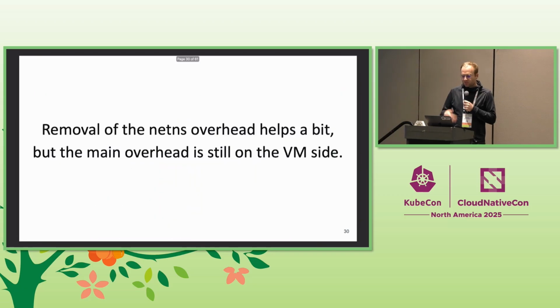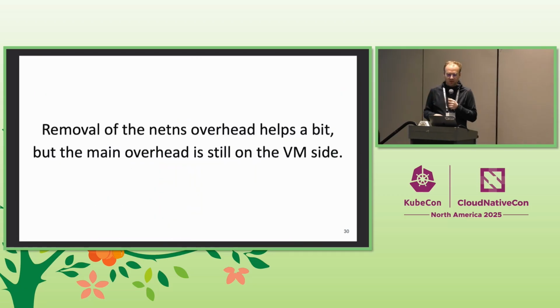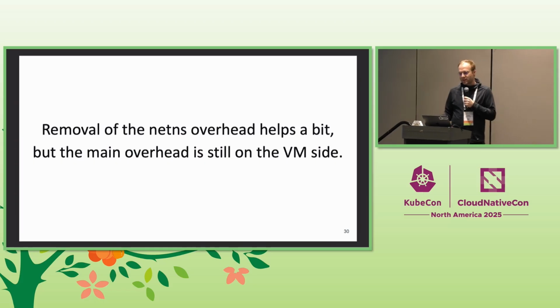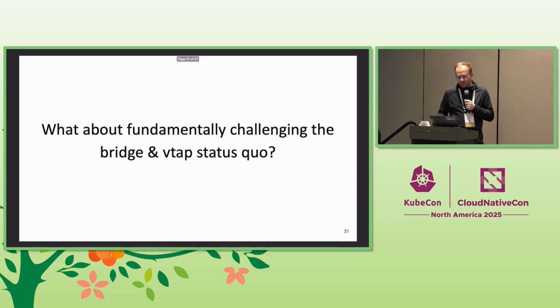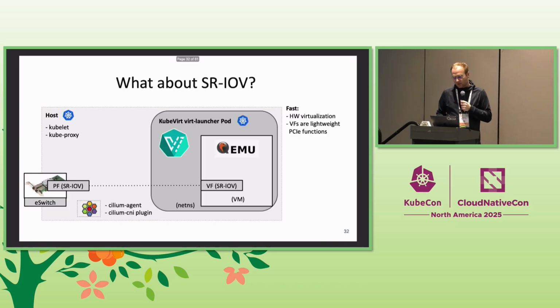But we still have this bridge device, we still have the tap device, so you can remove the network namespace overhead, but there's still overhead on the VM side, of course.